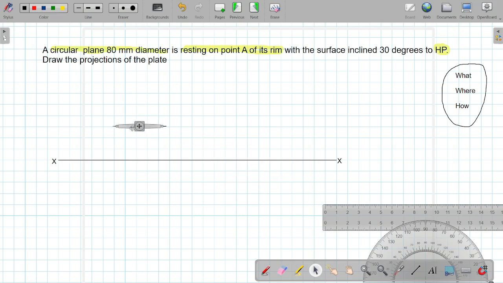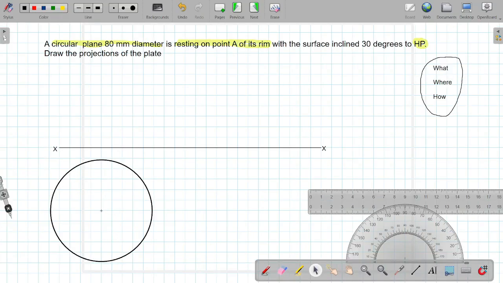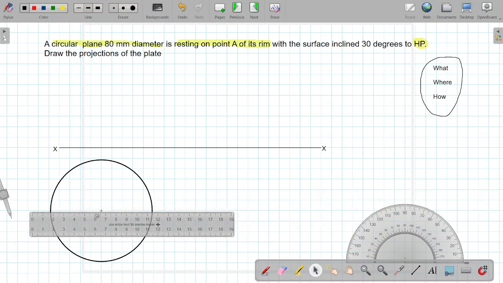Because this circle is a main part, it will be drawn in dark. Now we will divide the circle into 8 equal parts as you used to do in the previous topics. So this division should be very light.